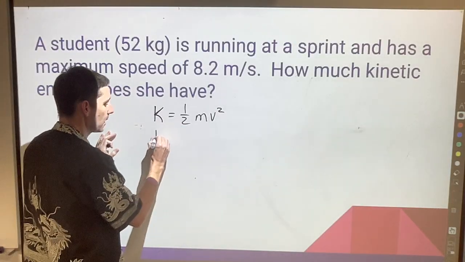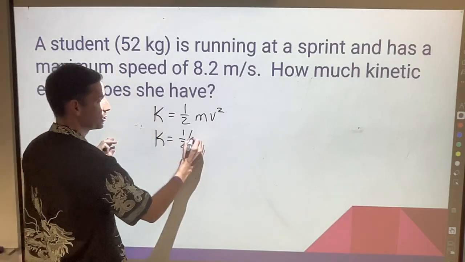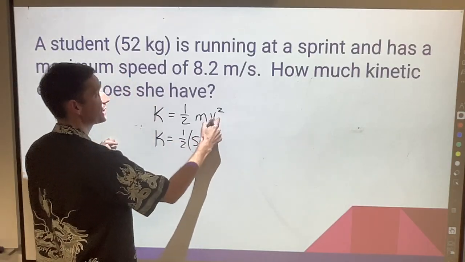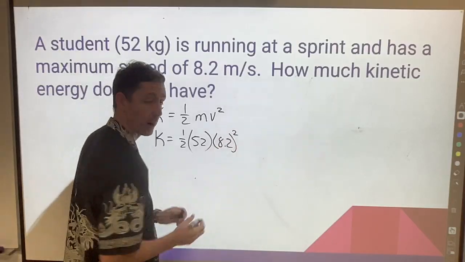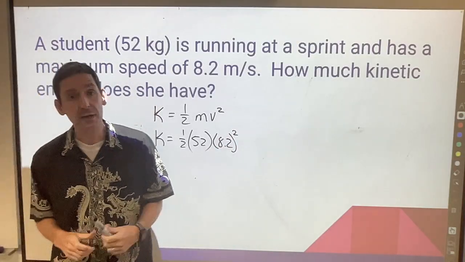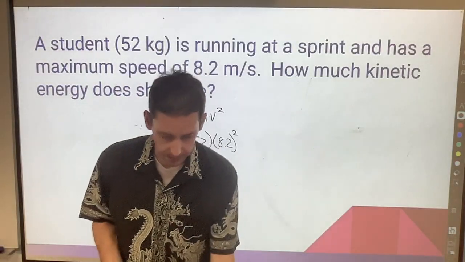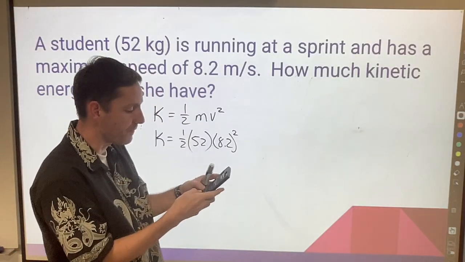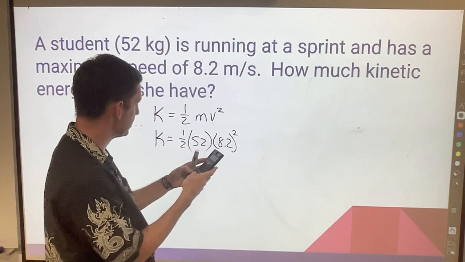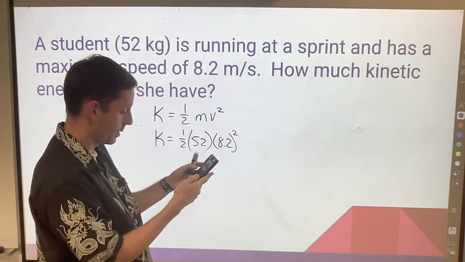We can go K equals 1/2 times the mass, which was 52, times the speed, which was 8.2 squared. And from there, we can pull out our handy dandy calculator and we can calculate. So we just go 1/2, which is the same thing as 0.5, times 52 times 8.2 squared.